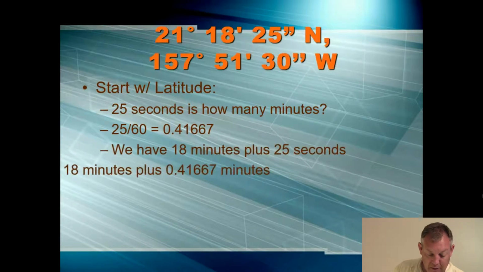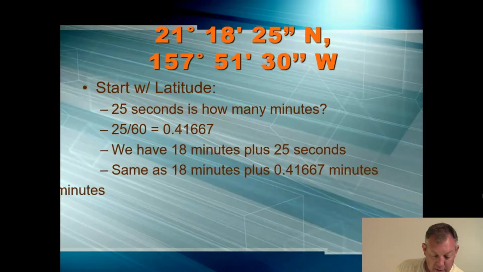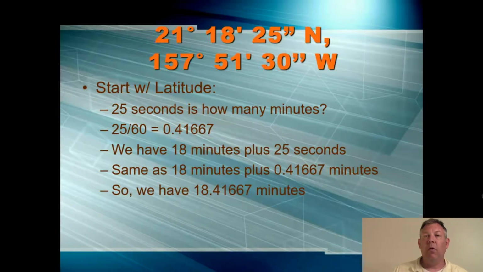So I add those together, and I've got 18.4167 minutes. Right? But that's still minutes. We're still trying to convert that to degrees. So 18.4167 minutes is what fraction of a degree?